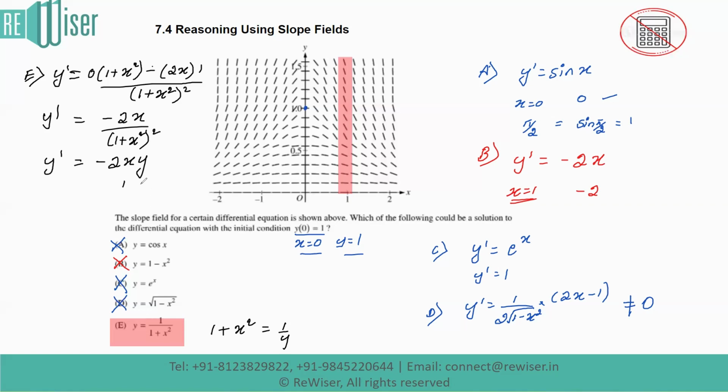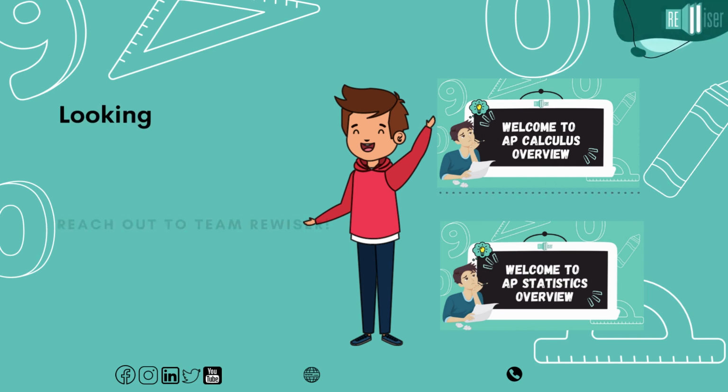When x is 1 but y is 0, it's going to be 0. When x is 1 and y is 1, it's going to be negative 2. Yes, it's negative, the tangent has a negative gradient. If you look at any point, it would be the same thing. So that's why E is the right answer.